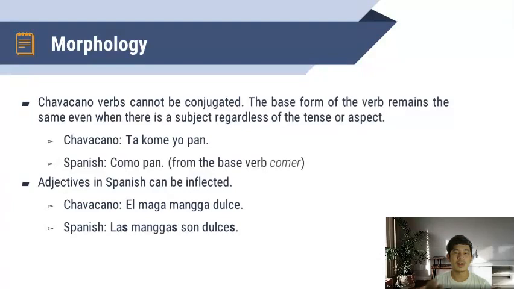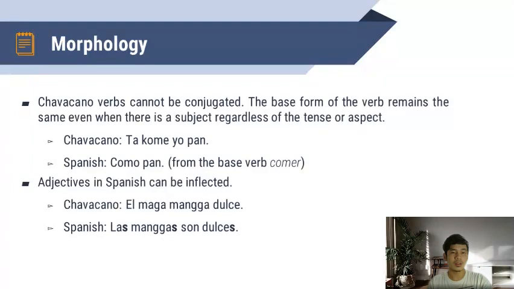Okay, él or ella come pan, and then we say nosotros comemos pan. We eat bread. So notice the changes in the verb construction. So we say yo como pan, él come pan, nosotros comemos pan, vosotros coméis pan, ellos comen pan, which means they eat bread.